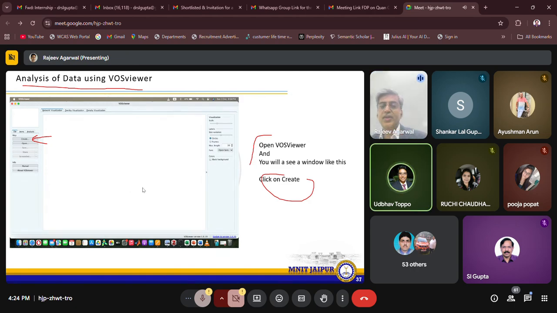Basically, VOSviewer is for bibliometric mapping and visualizing scientific knowledge. So yes, you can export this data from various databases like Scopus, Web of Science. Ultimately, you need to decide how you want to use VOSviewer.